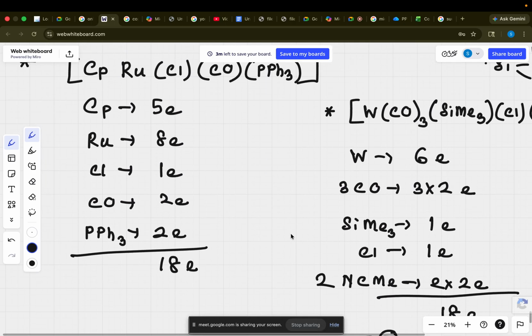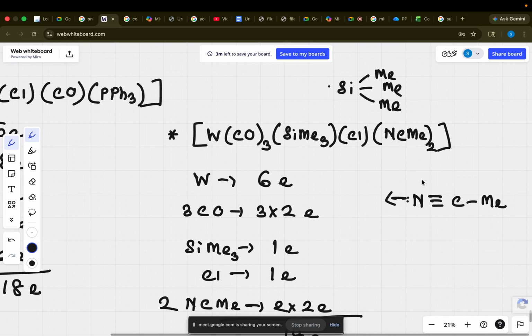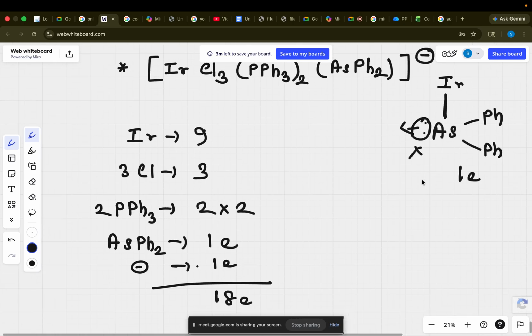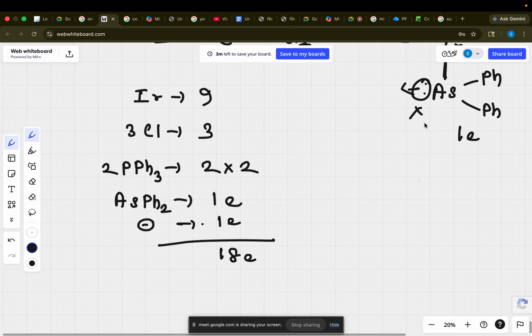If you have more than one metal center, then it can donate more. But you can check like this: if it crosses 18, that means it is not donating all of its electrons. It is donating only one electron. If it donates all 3 electrons, then it becomes 20, right? It crosses the 18 value, so that's why you have to do it like that. Any doubt?